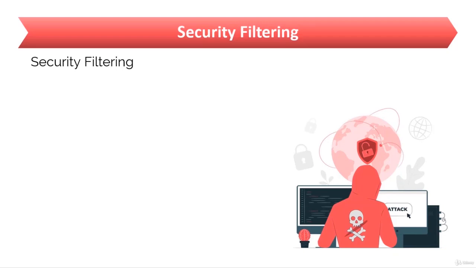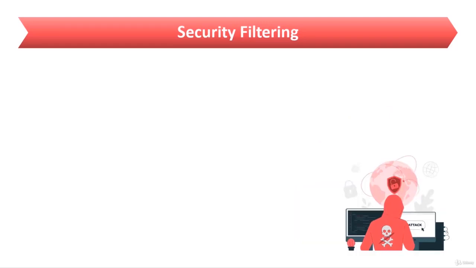Let us have a look at what you are going to learn in this section. So first we'll learn about the security filtering technique, in which we'll learn about access control lists, tunneling and VPN, that is, a virtual private network. Then we'll see the SSL and TLS protocols, which are very important when it comes to network security. Then we'll see encryption algorithms like AES and so on.